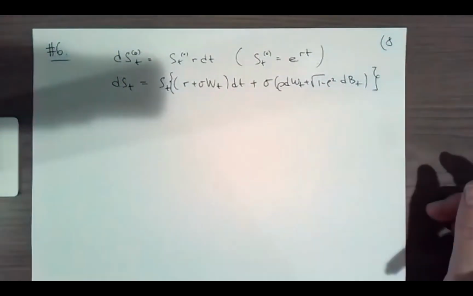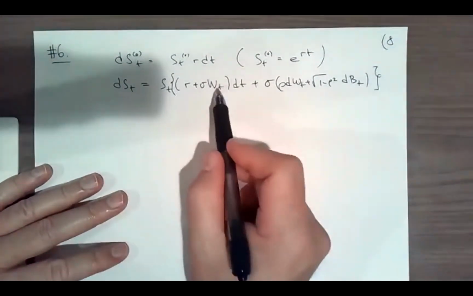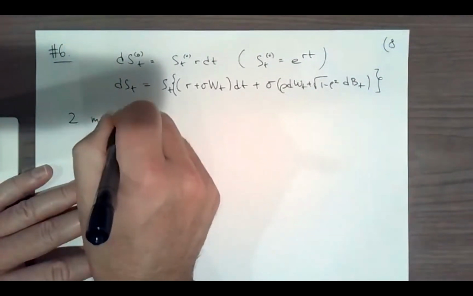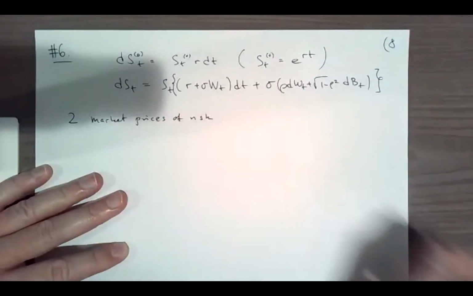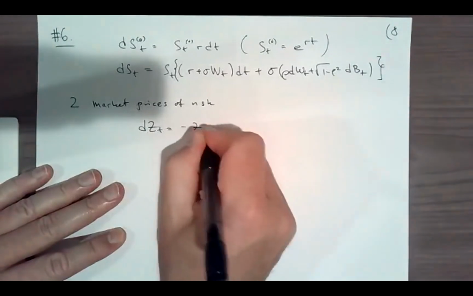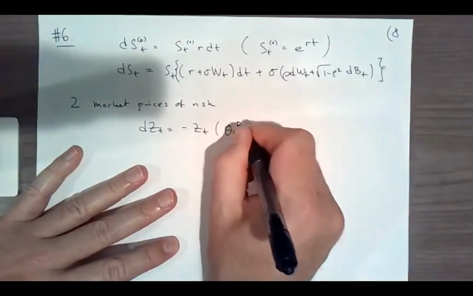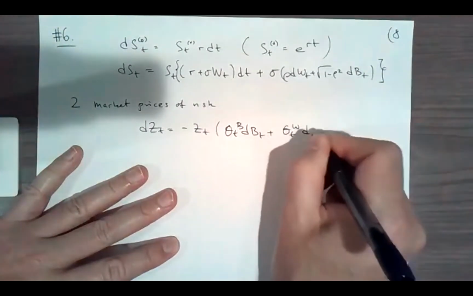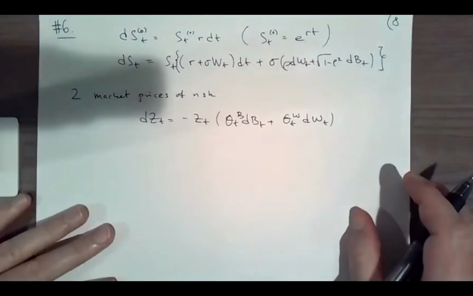So we first want to make sure that it's arbitrage free. Okay, so keep an eye on the filtration. There are two Brownian motions, so there will be two market prices of risk. So we're going to be looking for dZ_t of the form minus C_t, and then there'll be your theta for each of the two Brownian motions. Okay, so the first question is, is it arbitrage free?